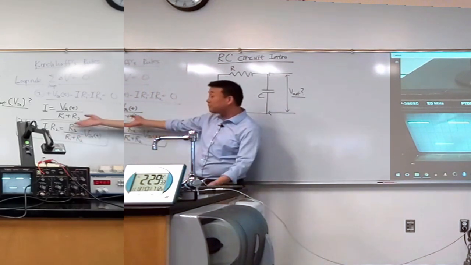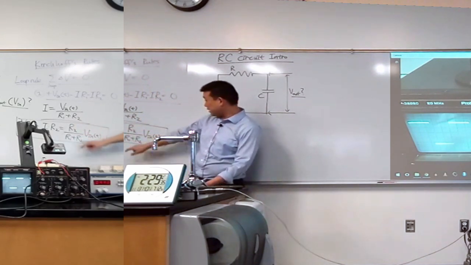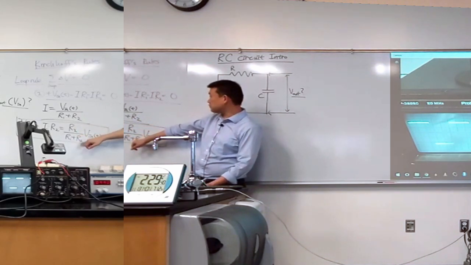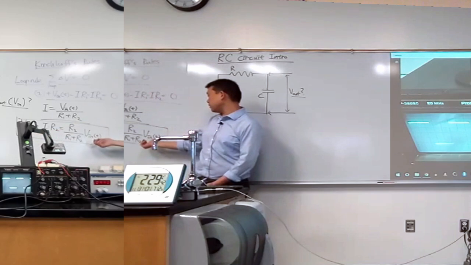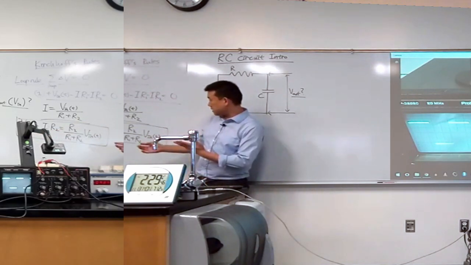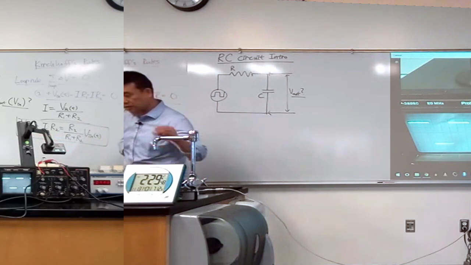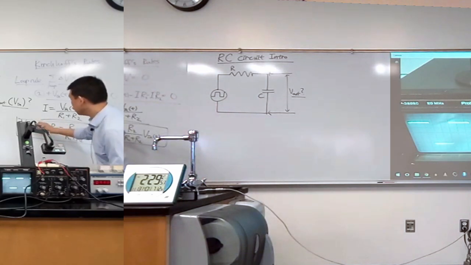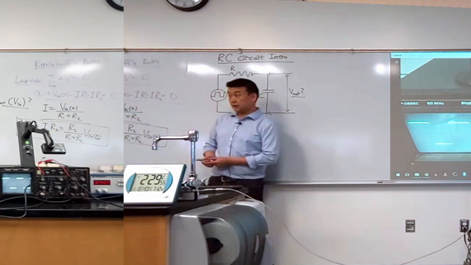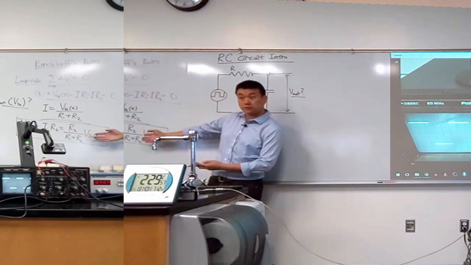Looking at this, it's going to be a number less than 1, because the denominator is guaranteed to be bigger than the numerator. So you might say V out is going to be smaller than V in. But other than that, there's nothing that says how V out changes as a function of time would be different from how V in changes as a function of time. I'm not seeing anything there that suggests otherwise.